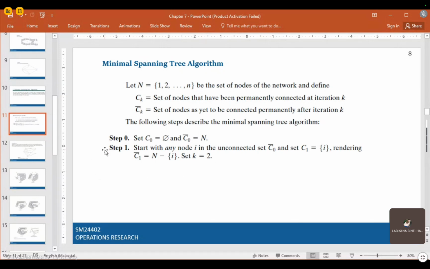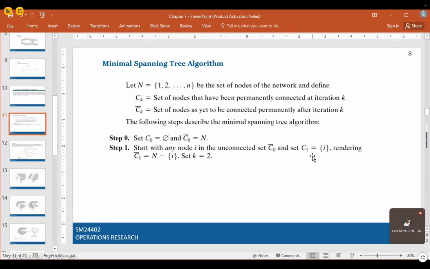Now we go to step 1. Start with any node i in the unconnected set C bar 0 and set C1 equal to the set i, rendering C1 bar equal to N minus the set i. Then we set k equal to 2. k equals 2 is the second iteration.